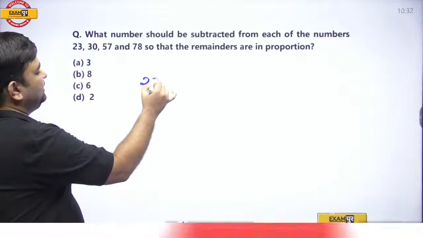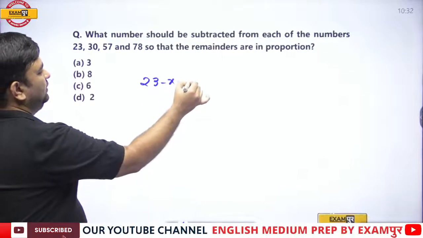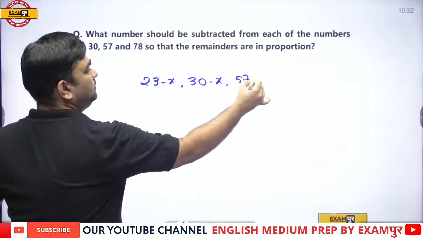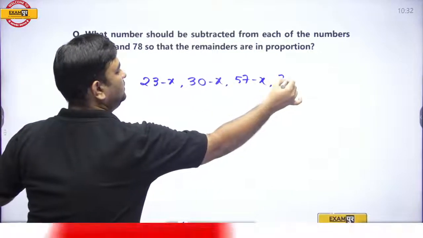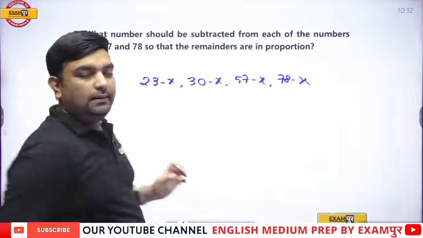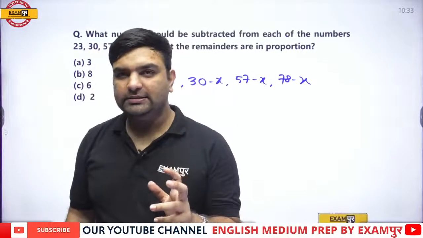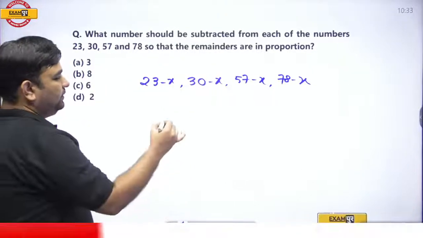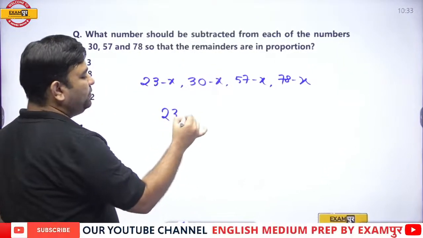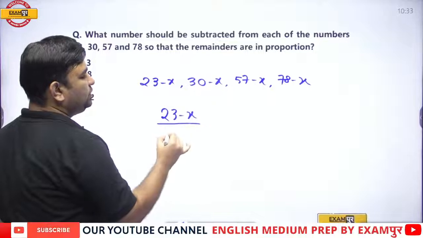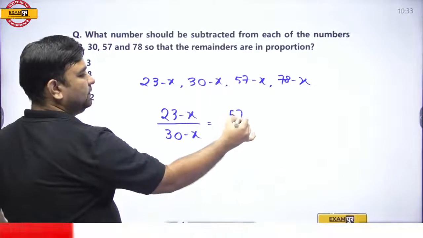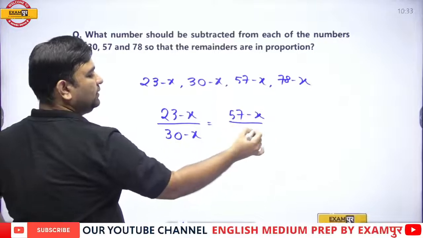Let the number subtracted be x. Okay. Write the condition a upon b is equal to c upon d.